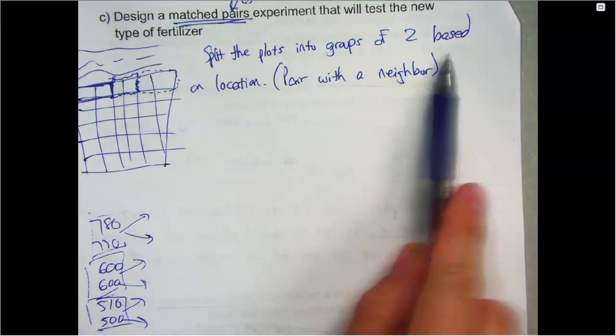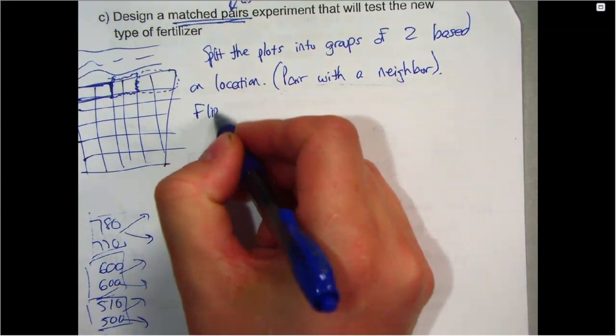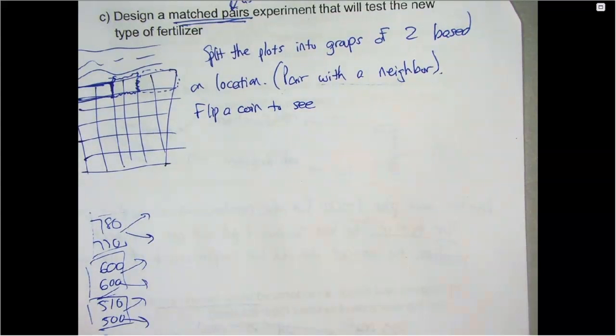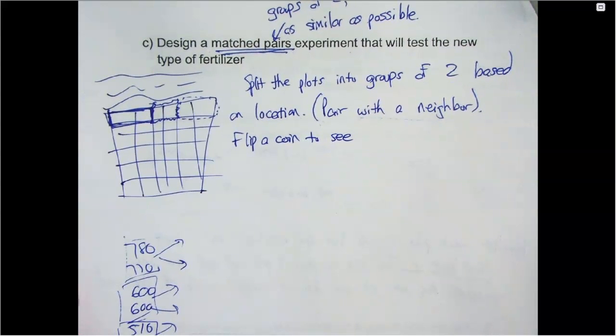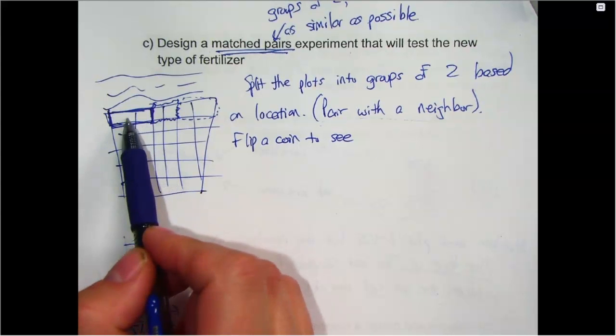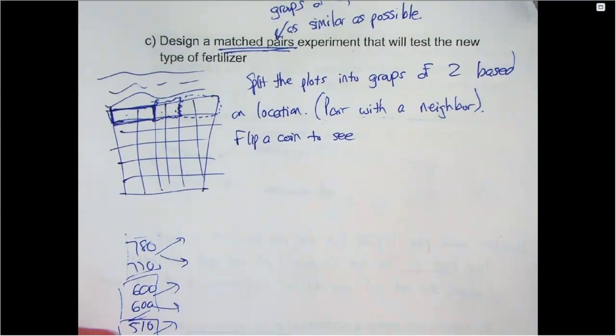So split the plots into groups of 2 based on location. Flip a coin. There still does have to be randomization in every experiment. If you remember the list of 4 things that have to be in an experiment, randomization is one of them. So we didn't split the groups randomly, right? We very carefully put these two together, these two together. So the randomization has to come somewhere else.